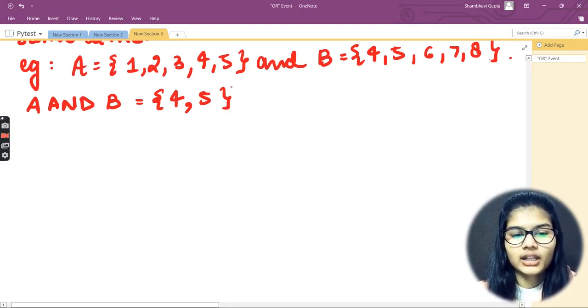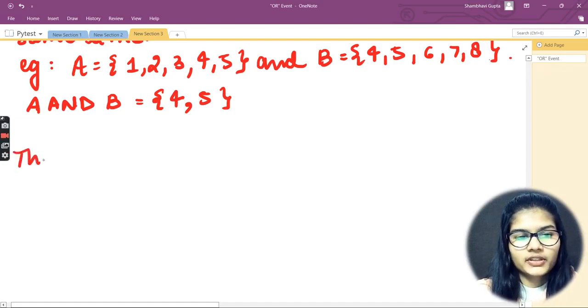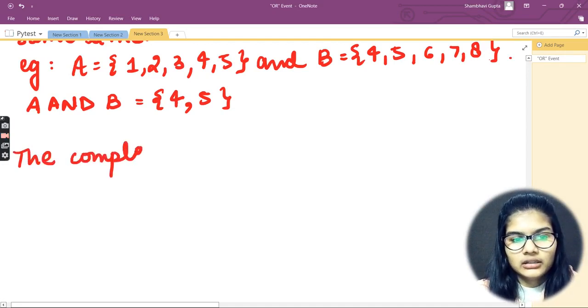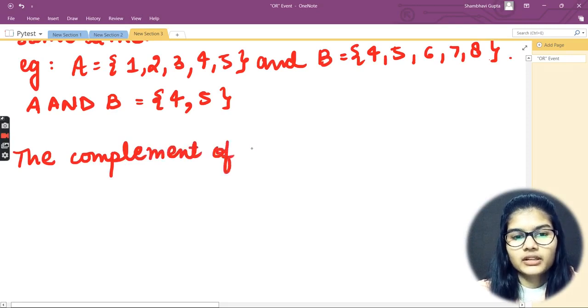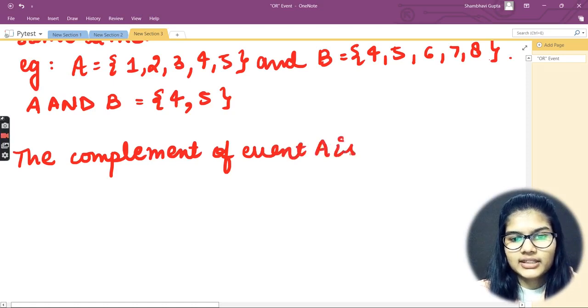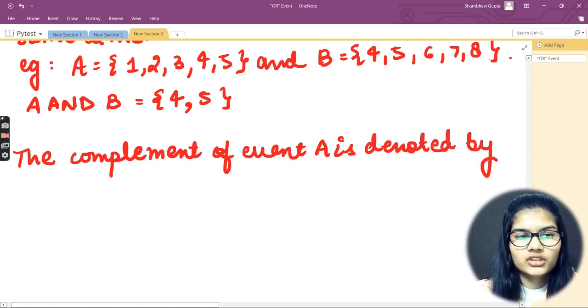Now let's discuss the complement of event A. The complement of event A is denoted by A dash.